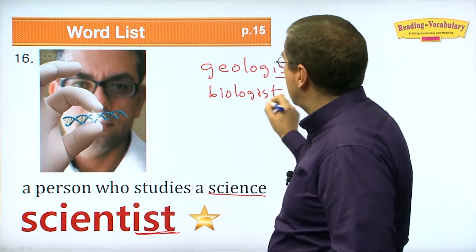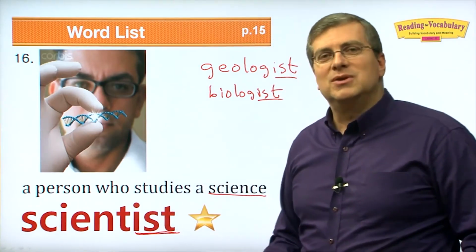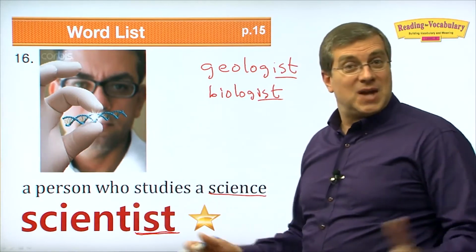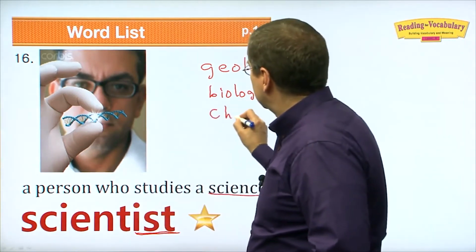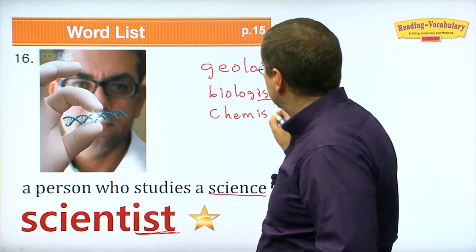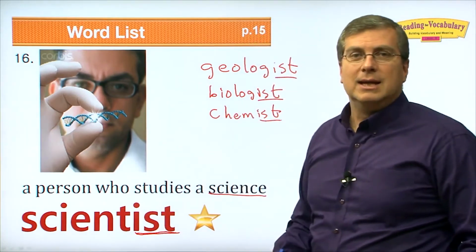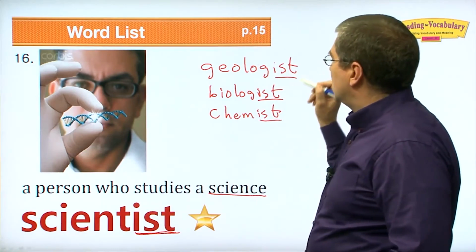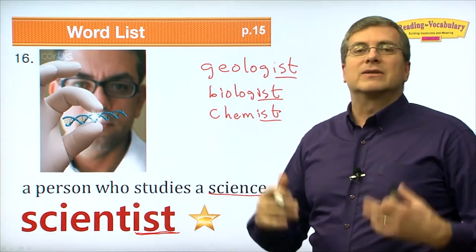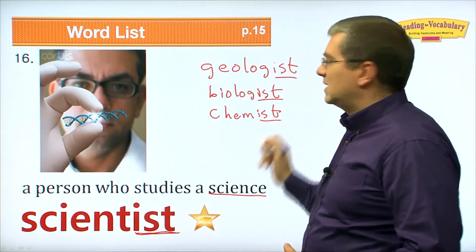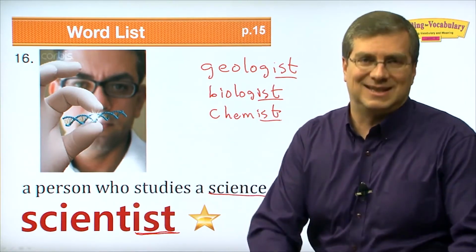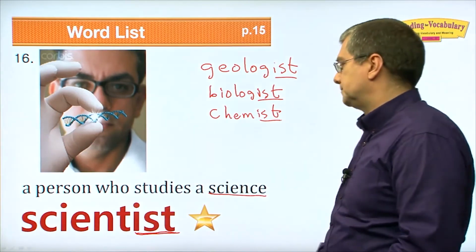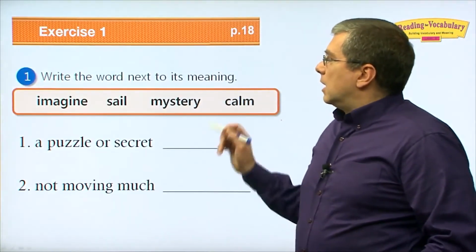Biologist. Wow, okay. What about people who study chemistry? Any idea? Chemist. Okay? So, geologist, biologist, chemist. Usually you use IST to talk about the people who study these sciences. Okay, let's review the words.